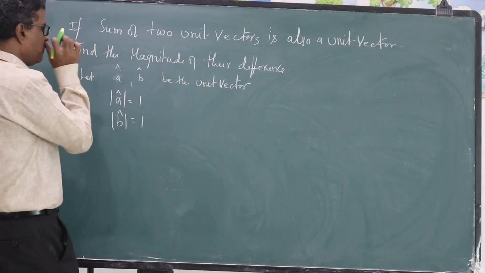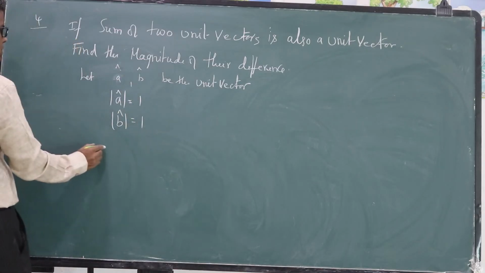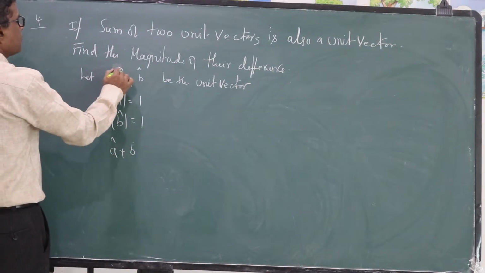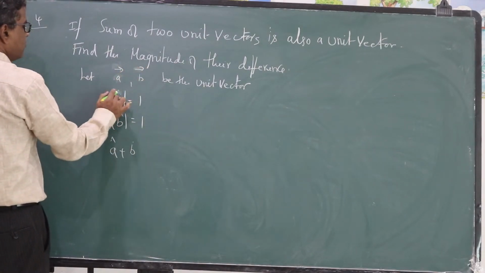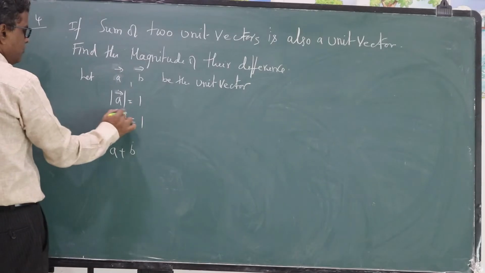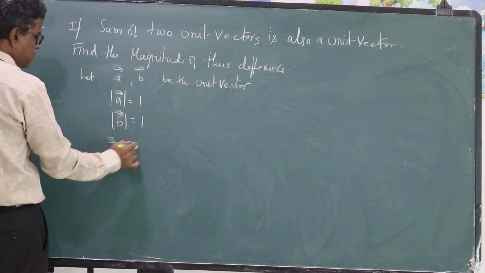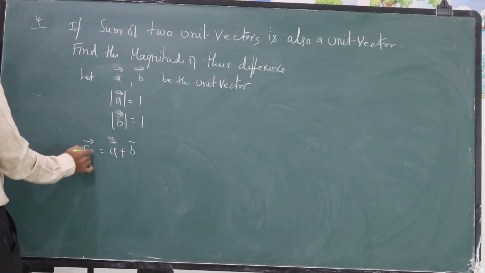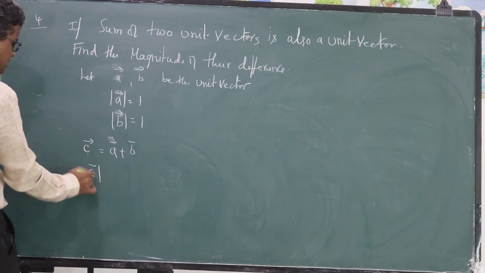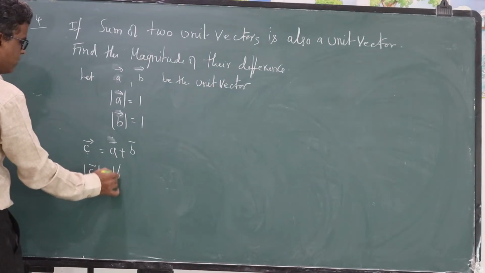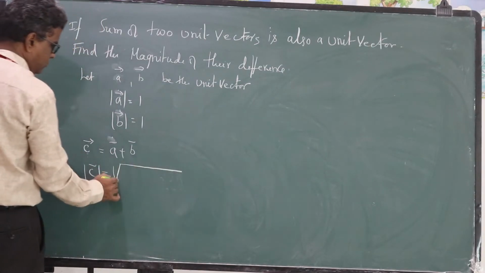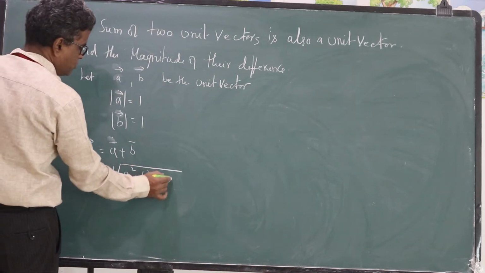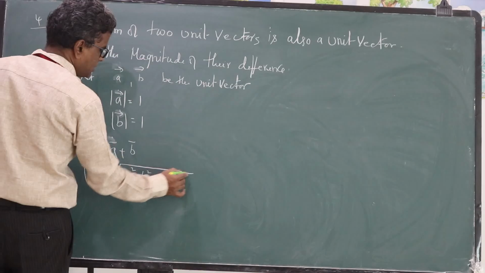Sum of these two vectors means a cap plus b cap. Let them be a bar and b bar. Mod a bar is 1, mod b bar is 1. So a bar plus b bar, let it be c bar. Its magnitude, from the parallelogram law, is square root of a square plus b square plus 2ab cos theta.